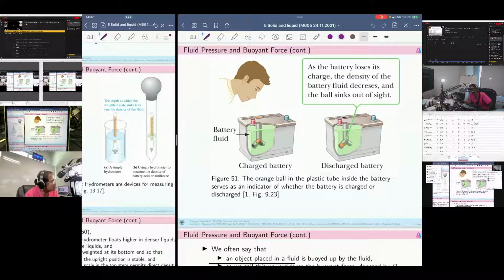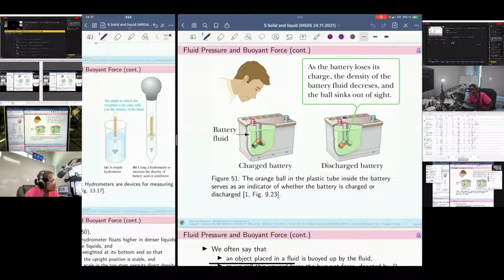There will be no strong lifting force anymore. The ball would stay in this part, and if you take a look from this hole, you would not be able to see the ball anymore. We use this principle to observe whether the battery is in good condition or not.